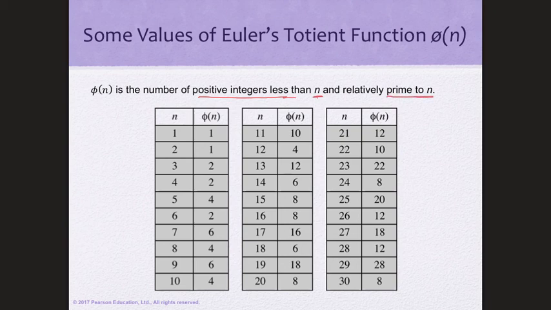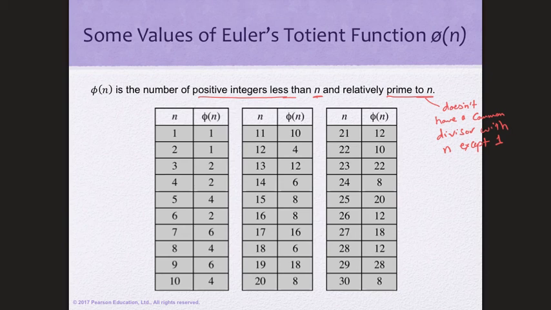Relatively prime to a number means that it doesn't have a common divisor with n except 1. That's the meaning of relatively prime. So there is no common divisor between the two numbers except 1, because of course 1 will divide everyone, right?